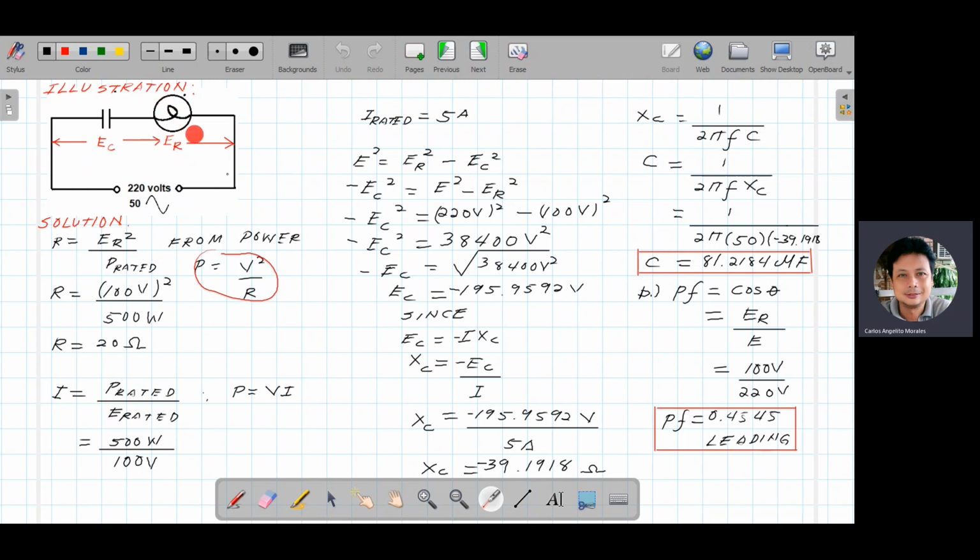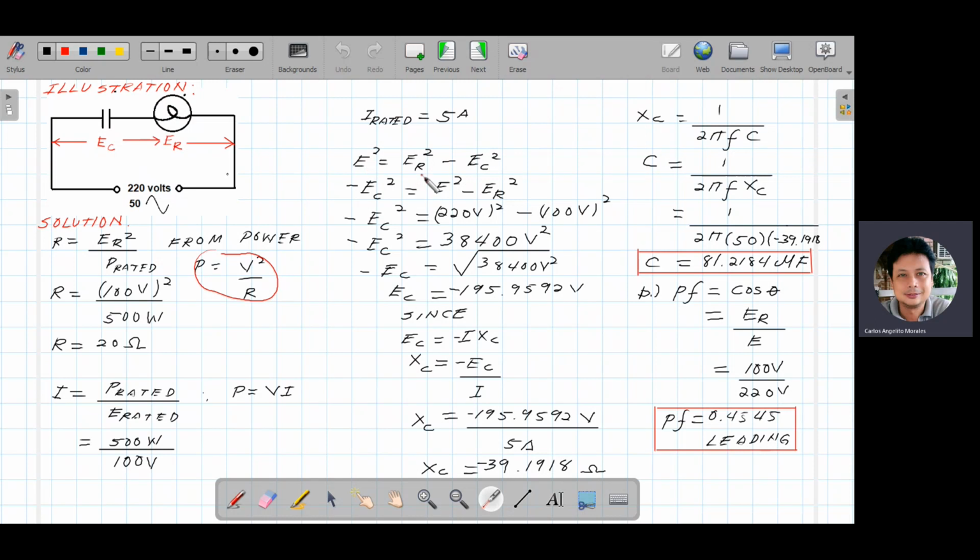Then the current flowing here is only one current because it is in series. The power rated divided by the voltage rated, since power is voltage times current: E_R times current is power rated. So, 500 watts divided by 100 volts gives a rated current of 5 amperes, the current circulating here.